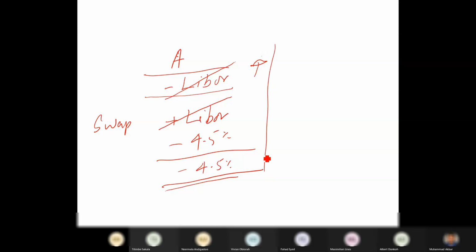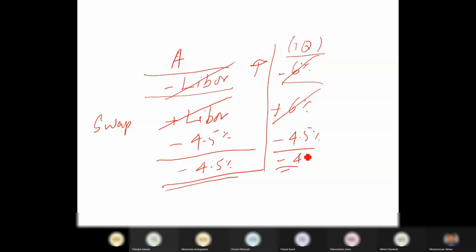So let's suppose in the first quarter, quarter one, what happens? Interest rates are 6% here. So it will receive 6% from here. It needs to pay 6%. It will receive 6%. So this will cancel with this and it will be paying a net 4.5%.